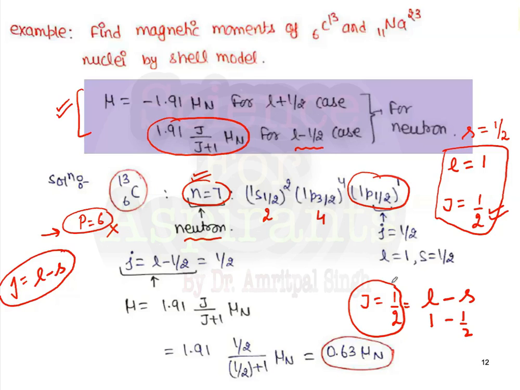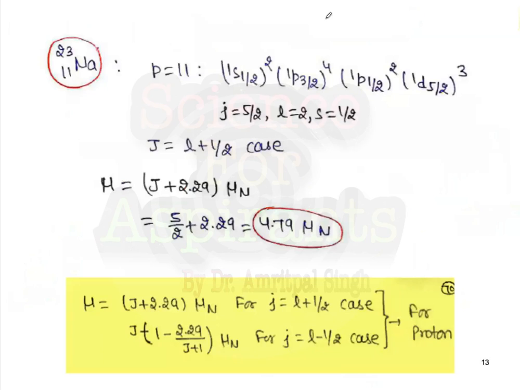Putting the value of J in this formula, we can find the magnetic moment of this carbon-13 nucleus. Similarly, you can find the magnetic moment for sodium-23.